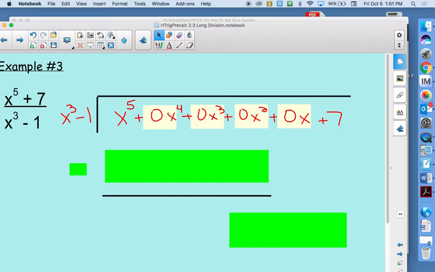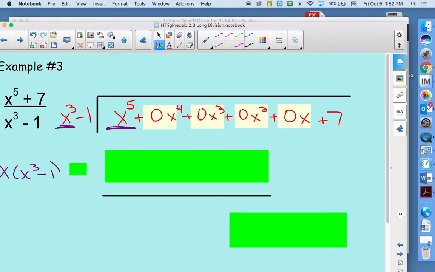And now we divide. So it's okay that it's x cubed here. We're still trying to make it into x to the 5th. So Eris, what would you multiply x cubed by to make it x to the 5th? So if we took x times x cubed minus 1, x times x cubed makes x to the 4th.